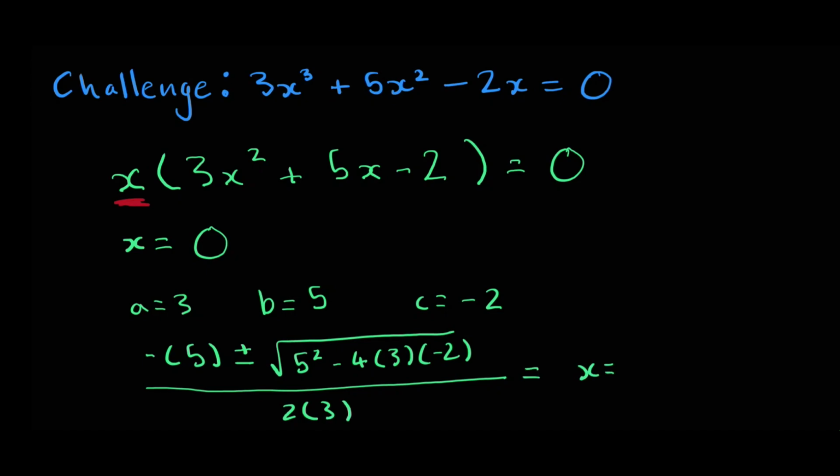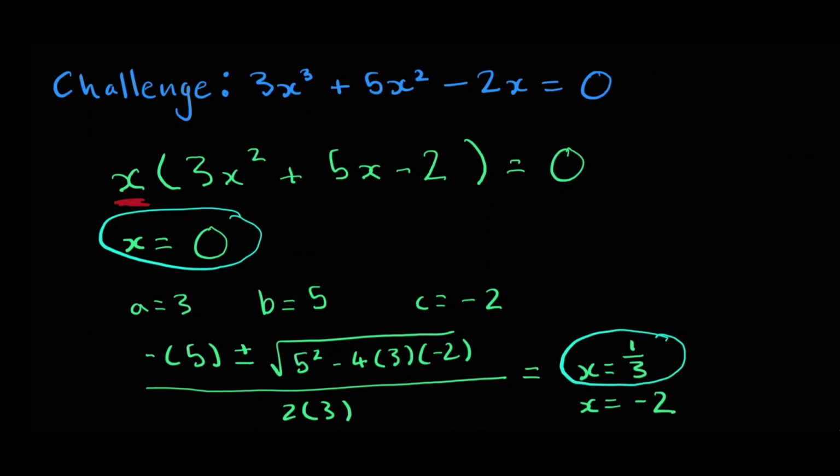And the two solutions we should get from that are x equals 1 over 3 and x equals negative 2. So this equation equals 0 when x equals 0, or x equals a third, or x equals negative 2.